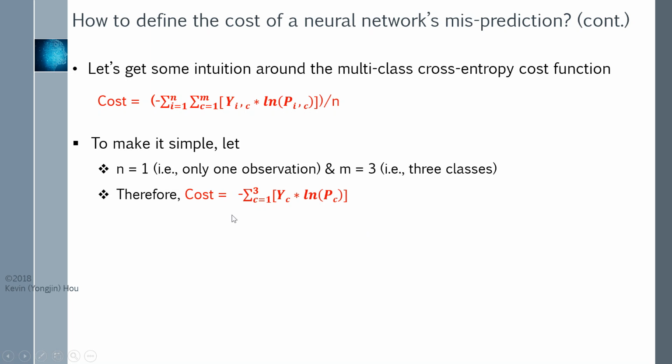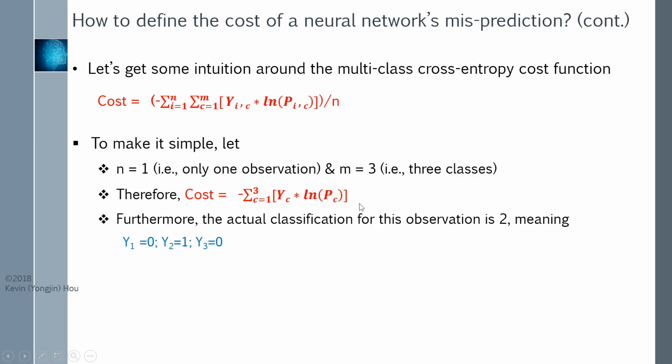With that, this cost function simplifies into this form. Furthermore, let's take one example where the actual classification of this observation is the second class. So the first class has y value equal to 0 because it's not the first class, and the third class has actual value 0 because it's not the third class. It's the second class, so the y value for the second class is 1.